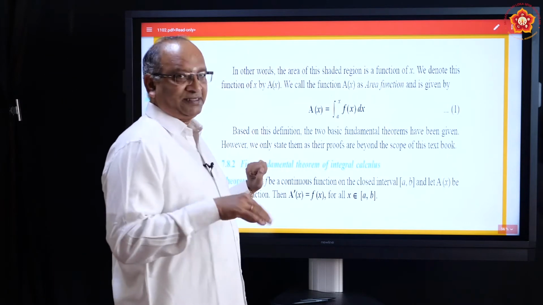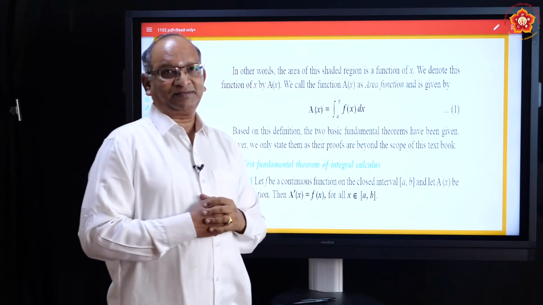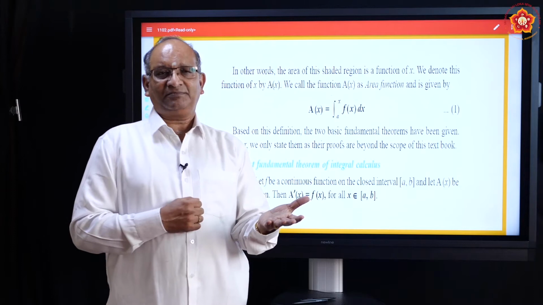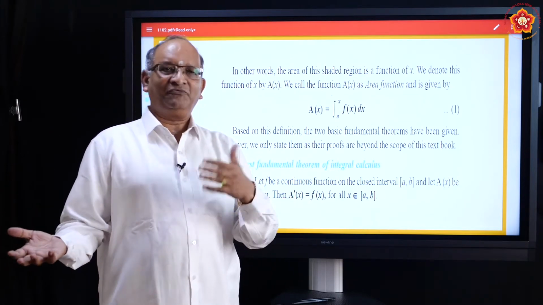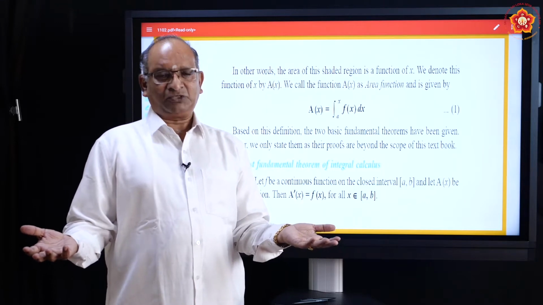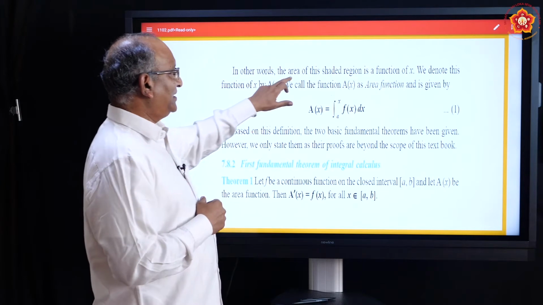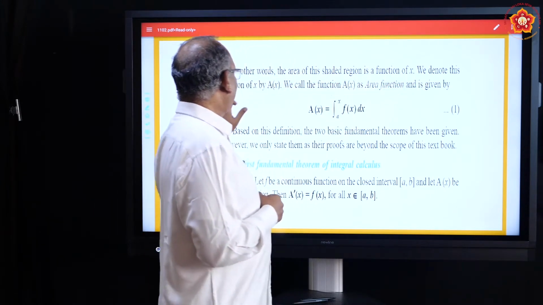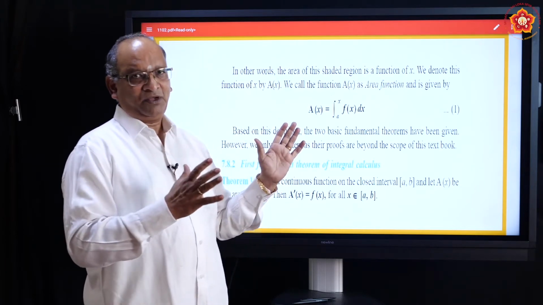In other words, the area of this shaded region is a function of x. We know that when we differentiate a function, we get another function. When we integrate a function, we get another function. So when we calculate area also, the same thing happens. We denote this function of x as A(x), meaning area with x.